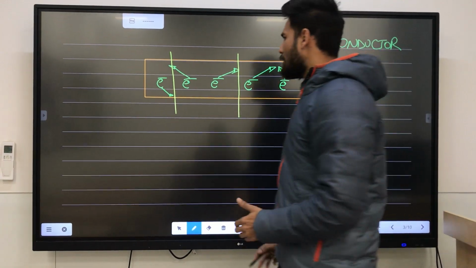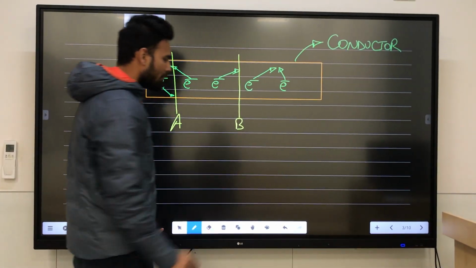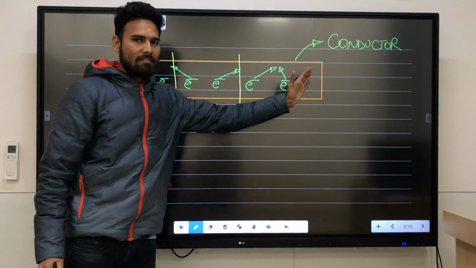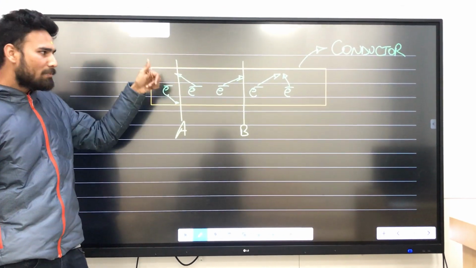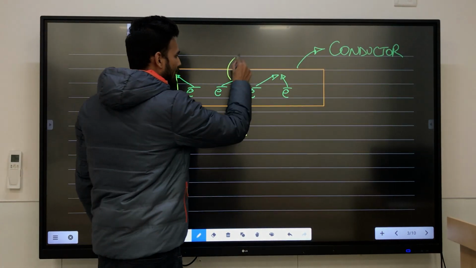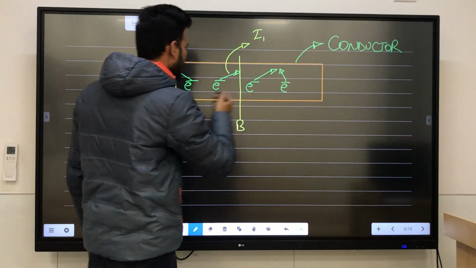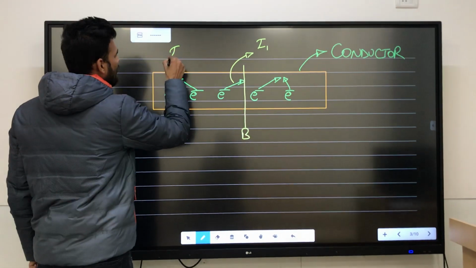What does it mean? It means if I am taking the cross section AB, and one electron is going to the right side, another electron might be coming to the left side. The flow of this electron will constitute an electric current, suppose I1, and this electron will also constitute an electric current, suppose I2.